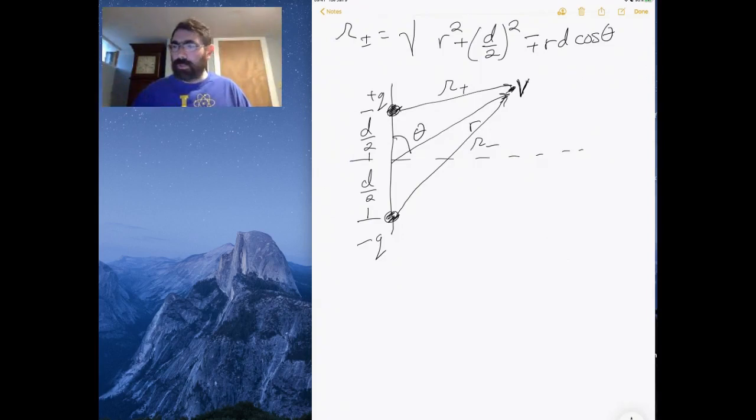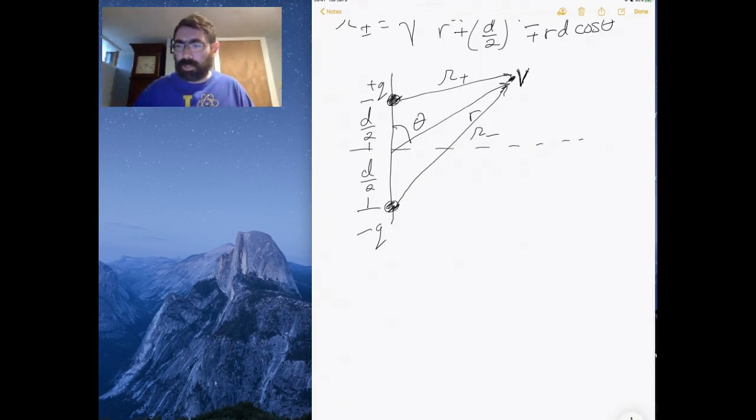Okay, so now what we're going to do is assume that the separation between the charges is much, much smaller than the distance that we are away from it. So we're kind of thinking of this as a very, very small dipole.